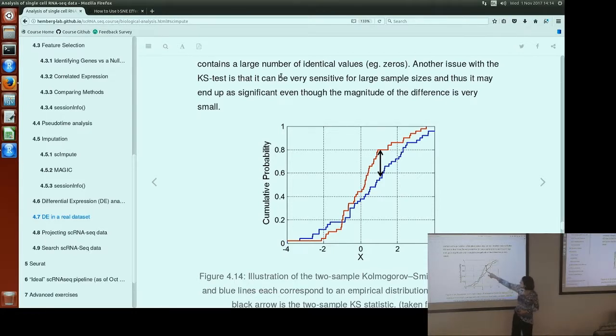This blue distribution would be the expression in the other population, and then it just adds the difference between these two distributions across the entire range of expression levels, which means it can pick up all kinds of differences, including an overall magnitude shift. So if the mean shifted, one of these curves would just be completely to the left or the right of the other one, but also differences in variance, which would cause one curve to be sort of more up here and then drop down to below the other one. This test could also pick that up.